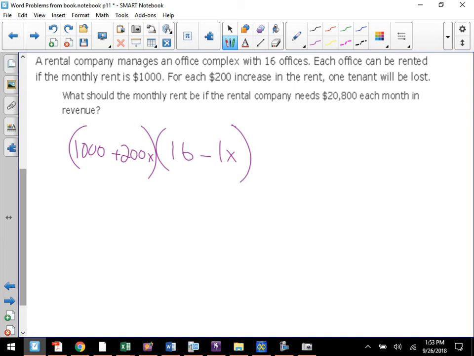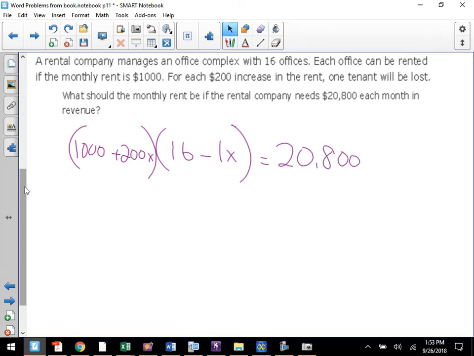Now, they wanted you guys to have a monthly revenue that was equal to $20,800 every month. When they give you a desired income, a desired revenue, this is when you don't want to do your axis of symmetry, you don't have to factor in all other stuff. This is when you want to go right to the calculator and use the table. Okay?